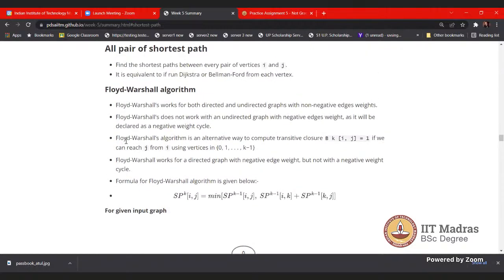But using the Floyd-Warshall algorithm, we can find all pair shortest paths using one algorithm. It finds the shortest path between every pair of vertices i and j. It is equivalent to running Dijkstra's algorithm or Bellman-Ford from each vertex as a source.